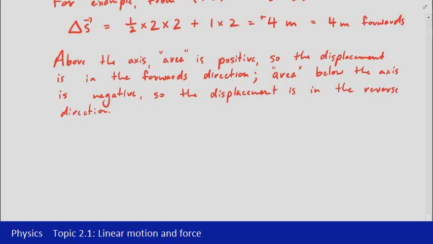Now, if we were looking from, say, t equals 0 to t equals 8, we've got two regions that we would need to calculate the areas for. The area above is slightly bigger, so it has a larger value, or has a larger magnitude.